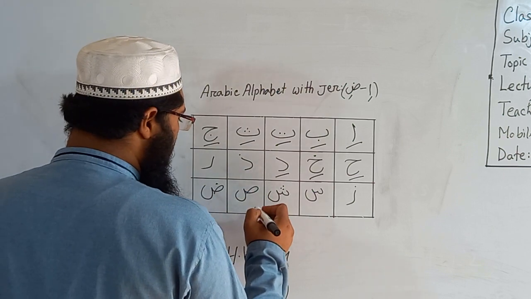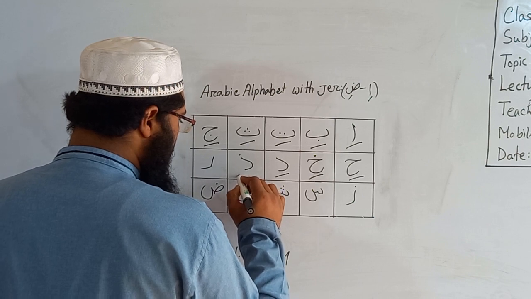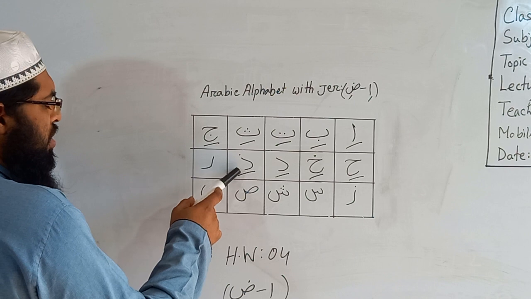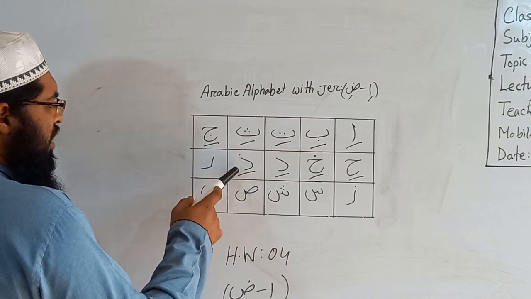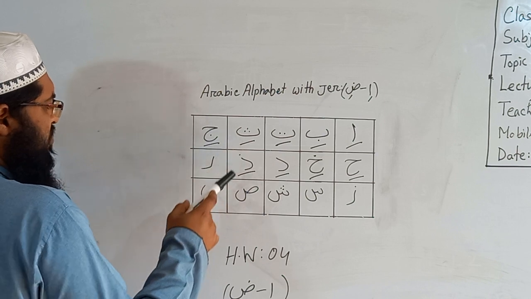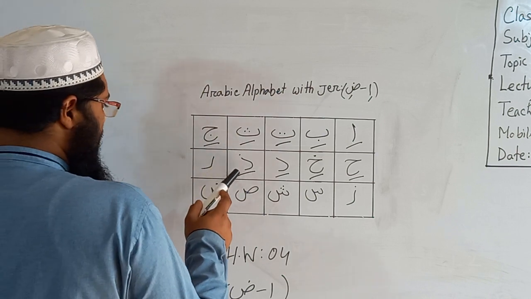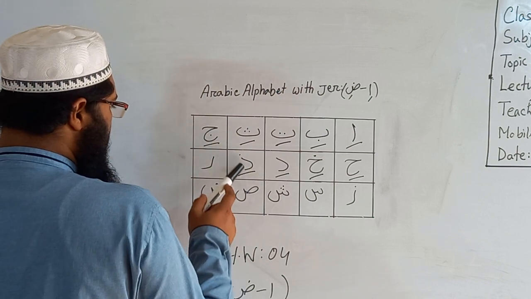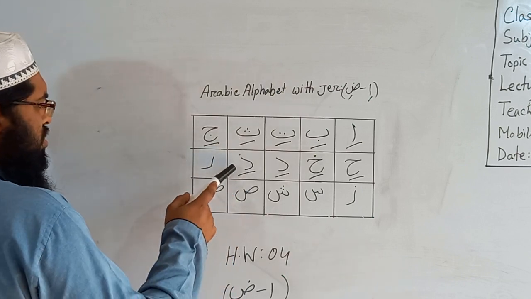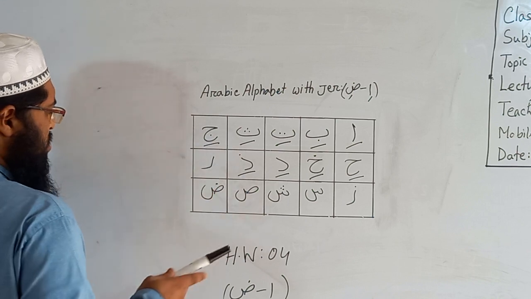Then this one is Zal. I am giving Jer under the Zal, and you pronounce Zal Zer Zi, as like as Tha Zer Si, very softly. You have to pronounce these two very softly.